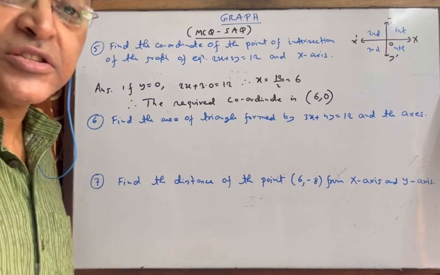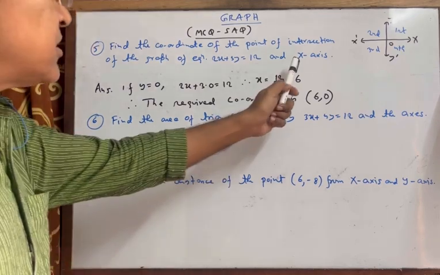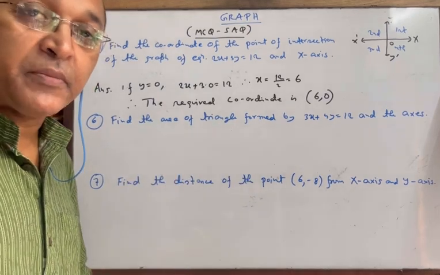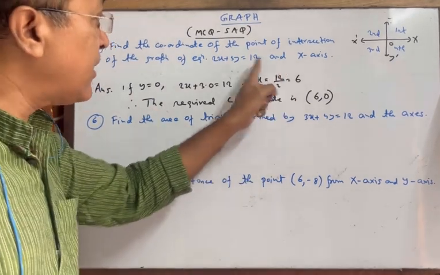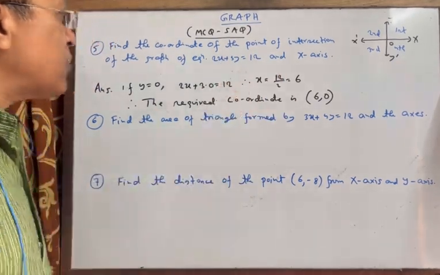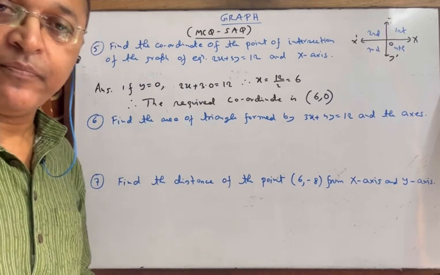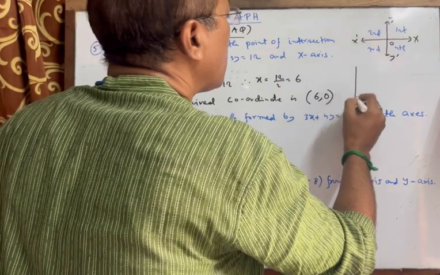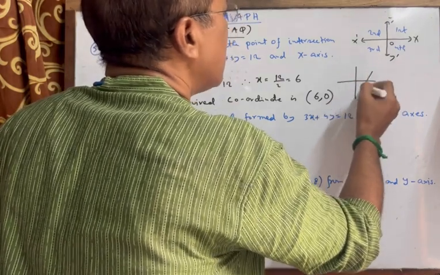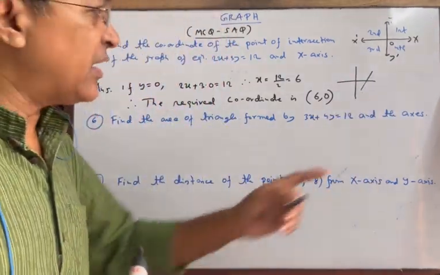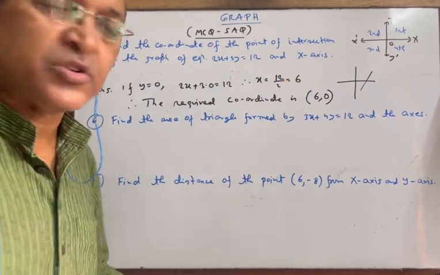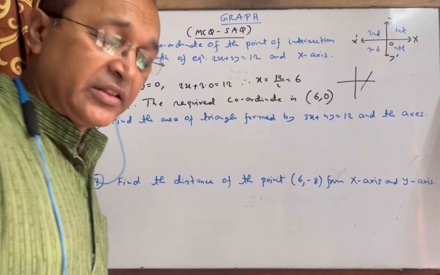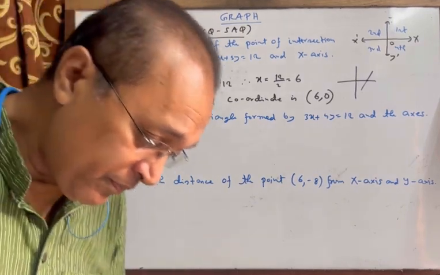Why is it (6, 0)? Since it is given x-axis, the point of intersection between the x-axis and 2x plus 3y is equal to 12. The diagram could be like this, the x-axis and the line 2x plus 3y is equal to 12. So this point of coordinate we have to find. It's like this.